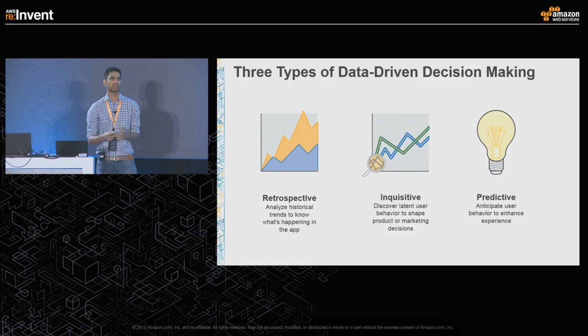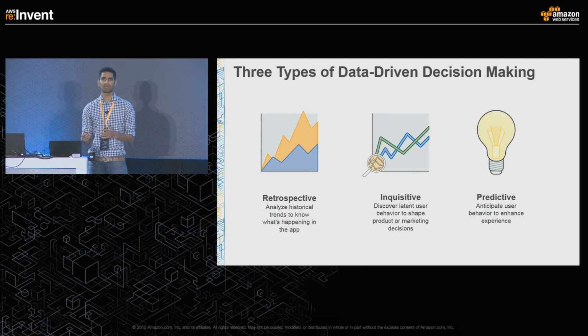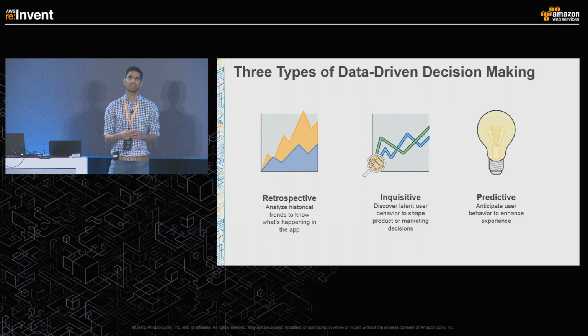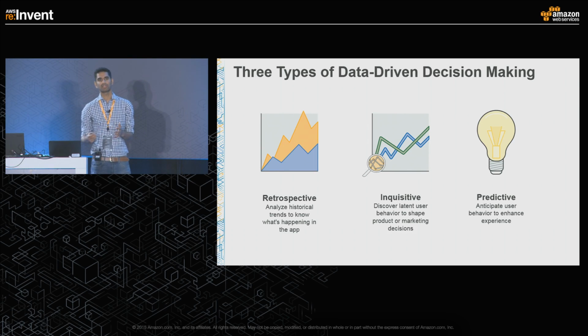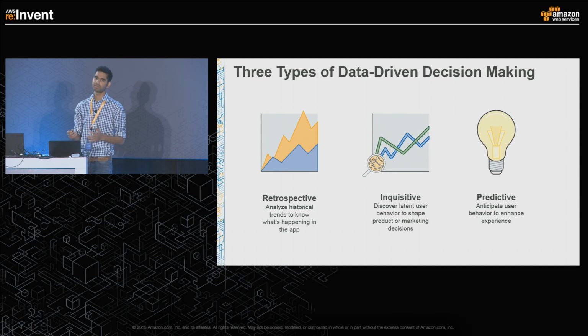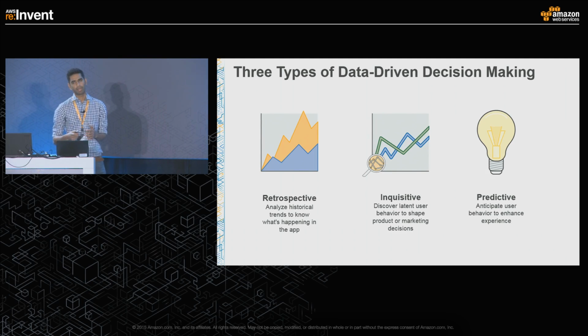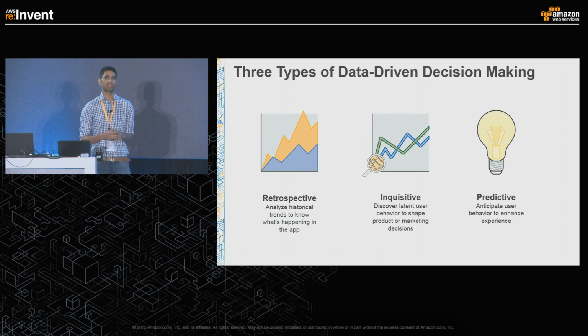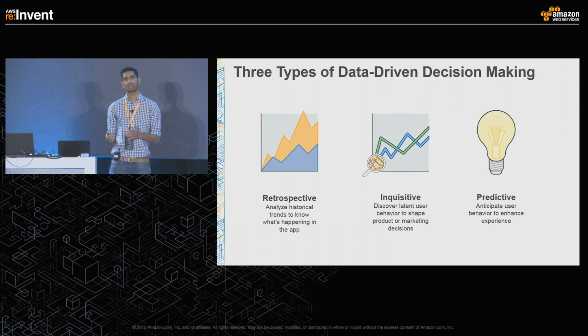This usually takes the form of Excel spreadsheets or reports where they're looking for those patterns. And once they get to know these patterns, they overlay this information with some of the product decisions or some of the marketing decisions that they have taken and validate if they've really worked or not.